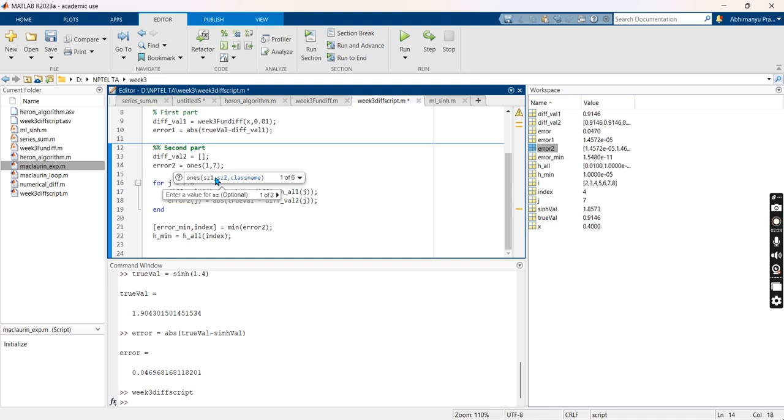So if I make this 1, I just need some initialization of this error such that it's always greater than whatever error I am getting. So right now I initialize it using 1, and now I run the script.